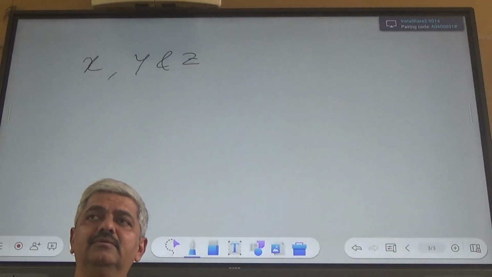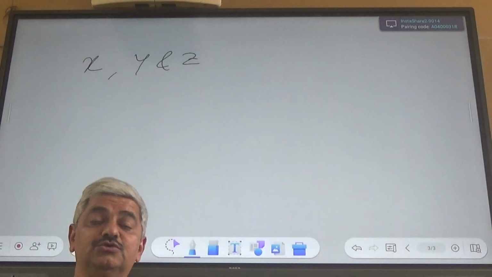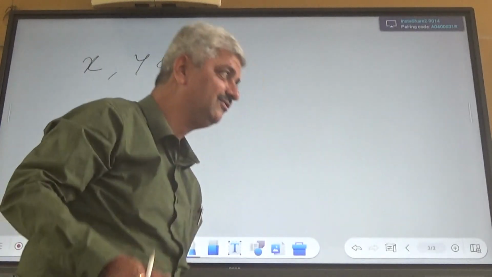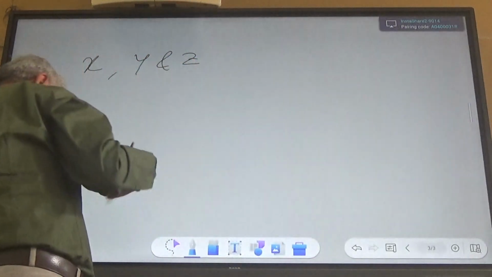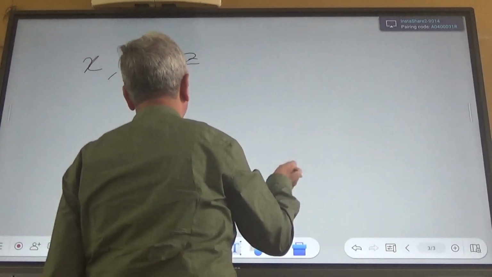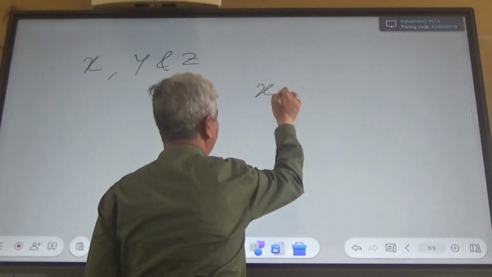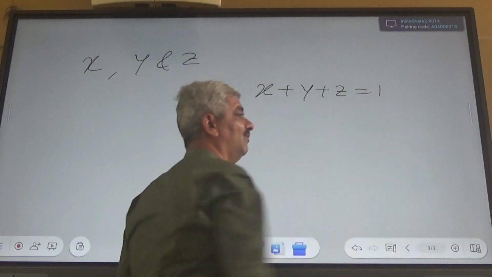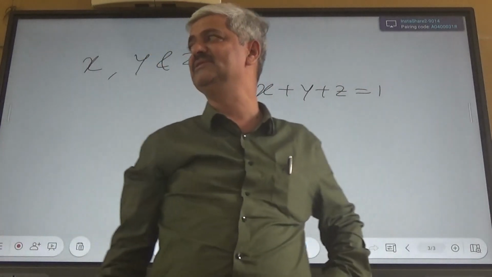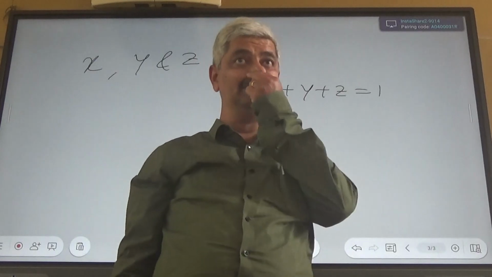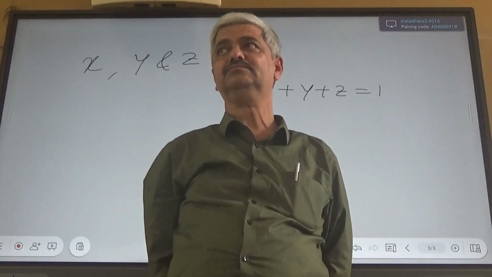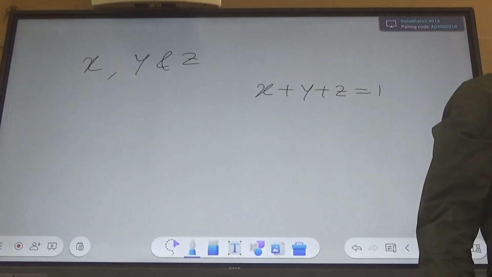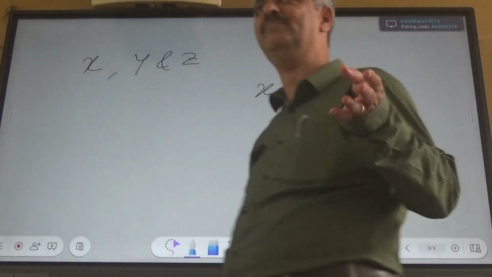Last time you got confused and could not even visualize the plane. So if I have x plus y plus z equal to 1, what does it represent? It represents a plane. So how many solutions are there for a plane?